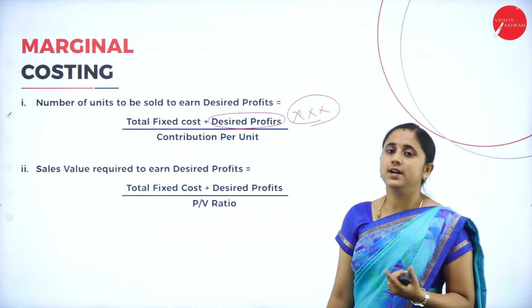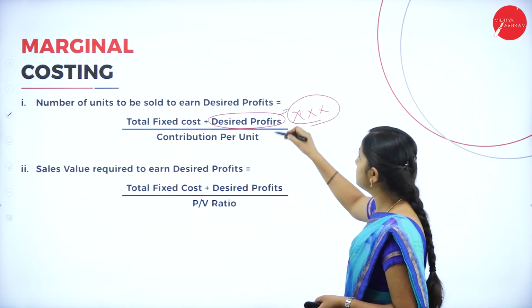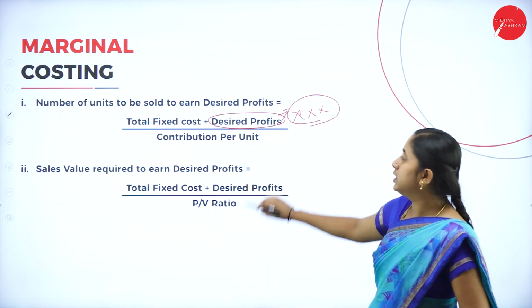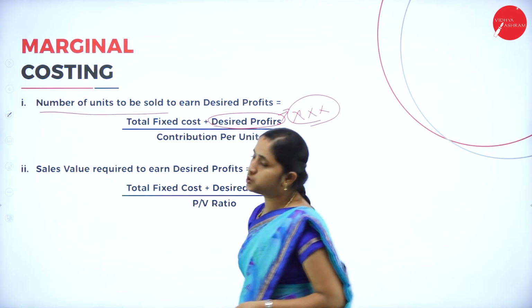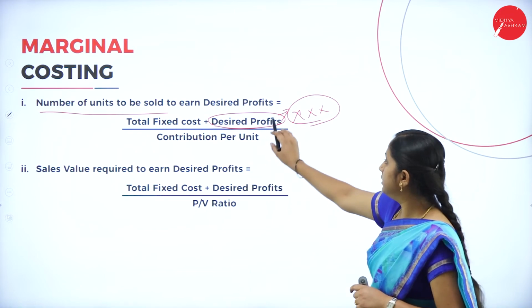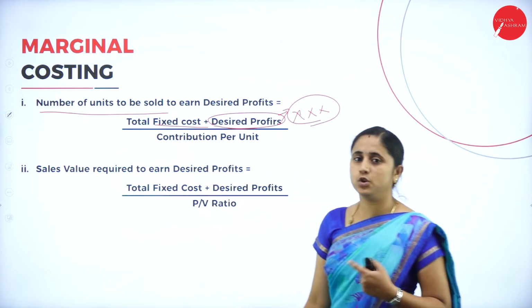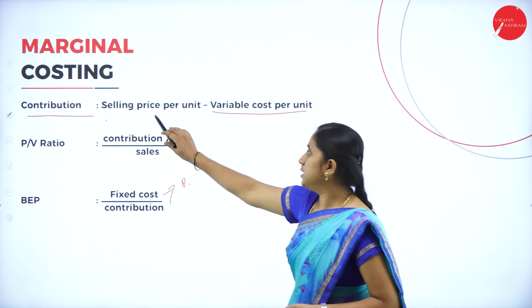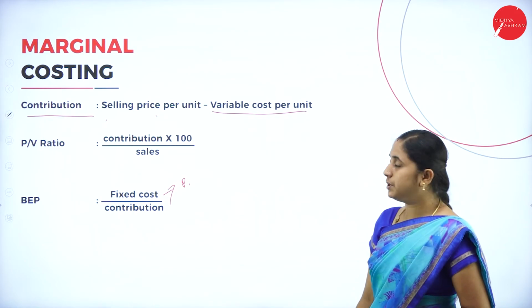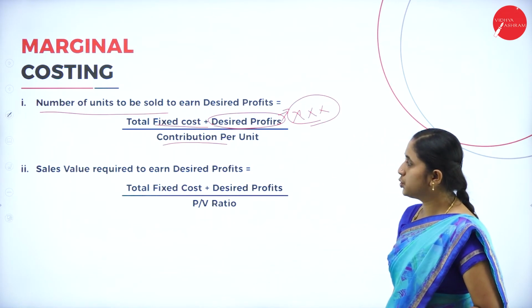If you sell 10,000 units or 20,000 units, you can earn this much profit. Fixed cost remains the same. For the contribution, it is selling price per unit minus variable cost. From this you can get the number of units to be sold.